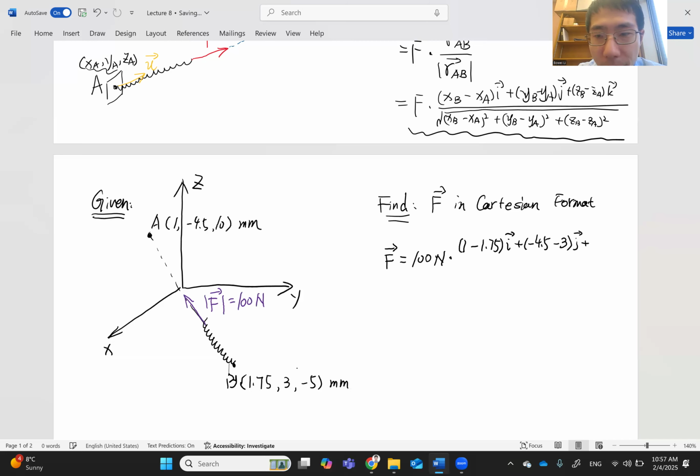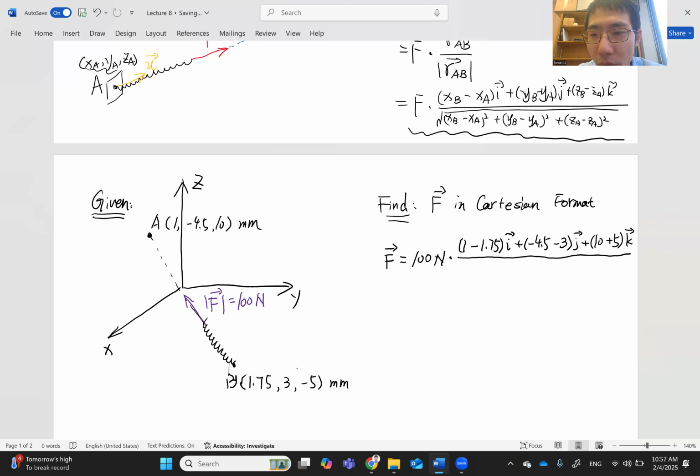Similarly, it is the z coordinate of the endpoint, 10, minus the z coordinate of the start point, 5. Sorry, it is negative 5 here, so it will appear to be plus 5. Okay, 10 minus negative 5, it is 10 plus 5, k. Okay, those are our three components.